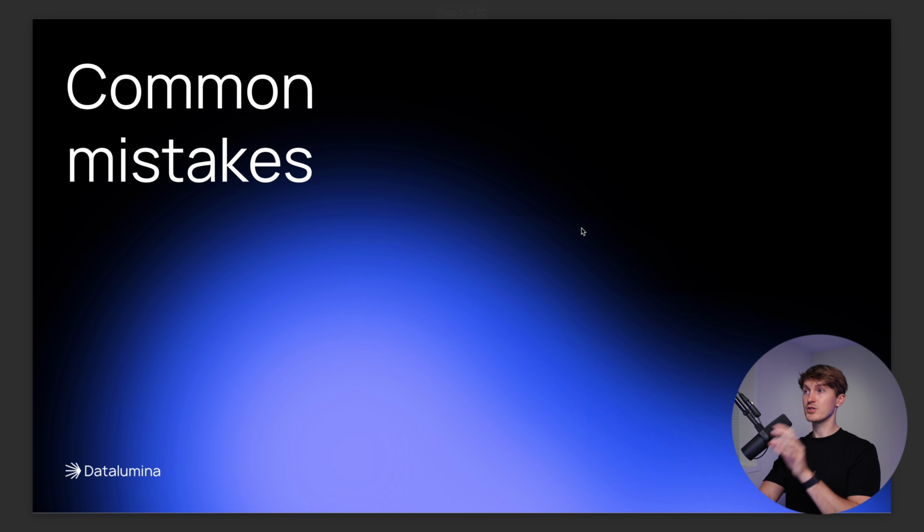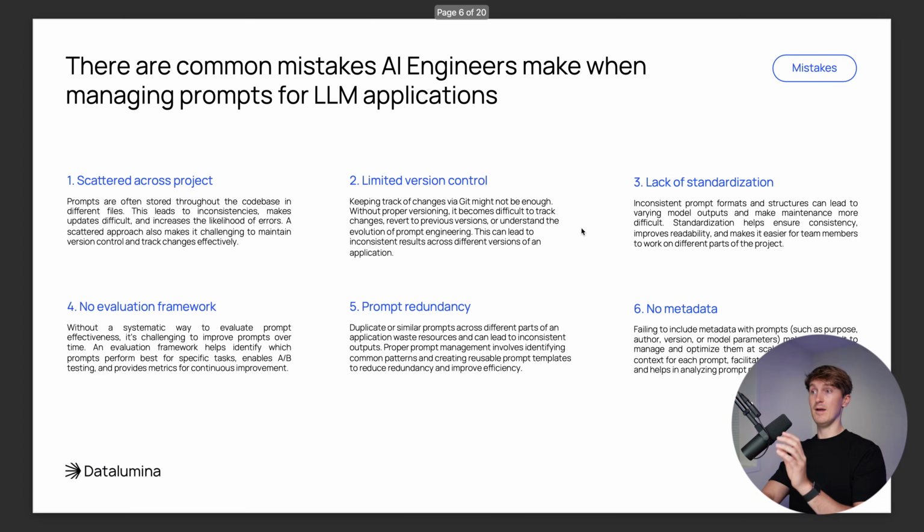So now let's first cover some common prompt management mistakes. And at least I can say for myself, I've made all of these mistakes in the beginning. So first common mistake, prompts scattered across your project. So imagine this, you're building an application and you have some functions here. Let's say you have an OpenAI API call somewhere in a function within a file.